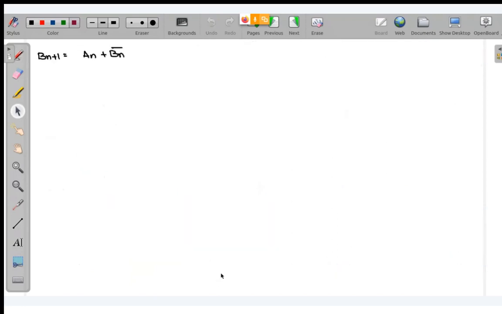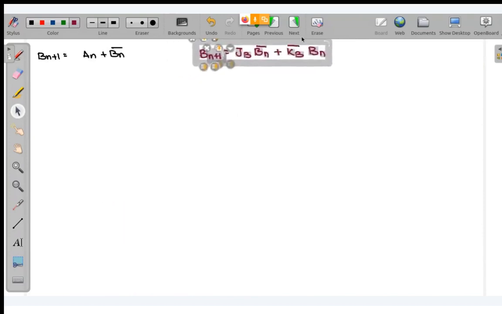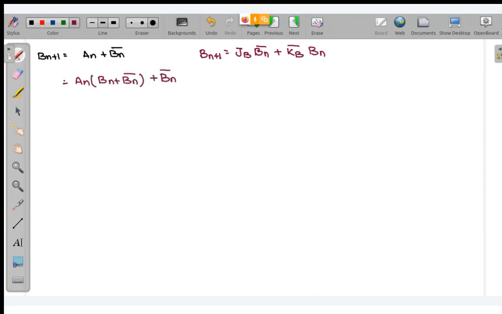Okay. So next we are going to find the input for your B flip-flop. The same way we will do. See over here, the B flip-flop has a term of Bn complement and Bn, but over here you can see there is only Bn complement. So what we need to do? We need to make a term of Bn and Bn complement. So that we can do by Bn plus Bn complement plus Bn complement.